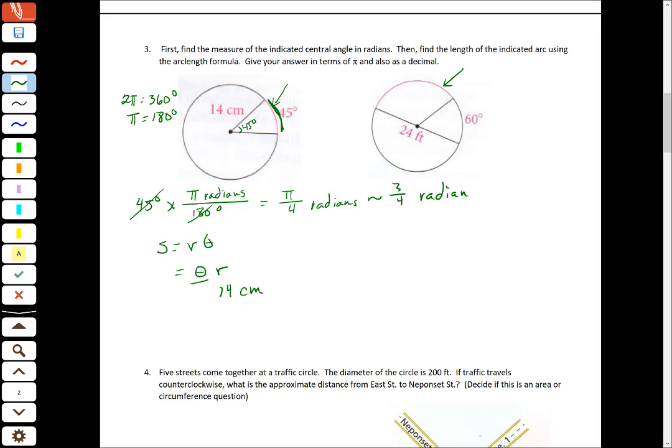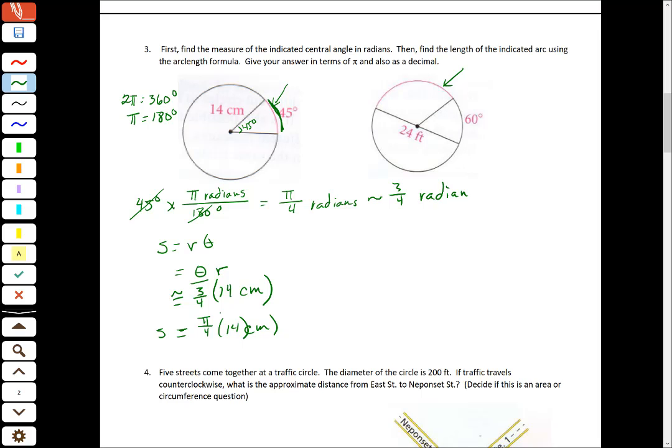To get an approximation, I could say this is 3/4 of the radius, because that's how many radians it is, and that's what radians mean. But actually, the arc length is exactly pi over 4 times 14 centimeters. And then you can plug that into your calculator and see what you get.